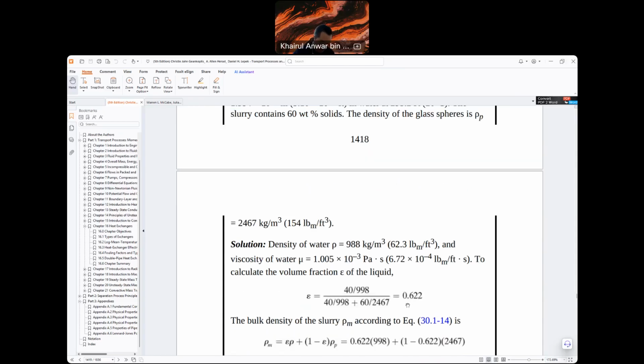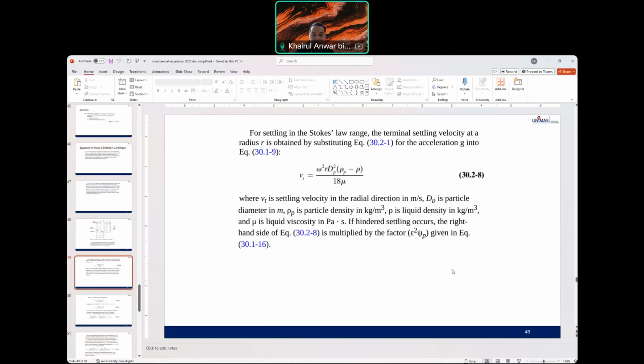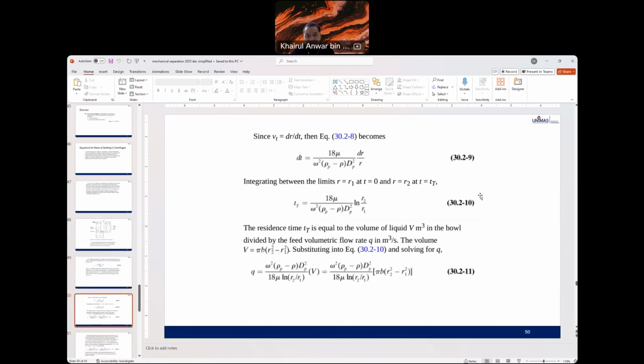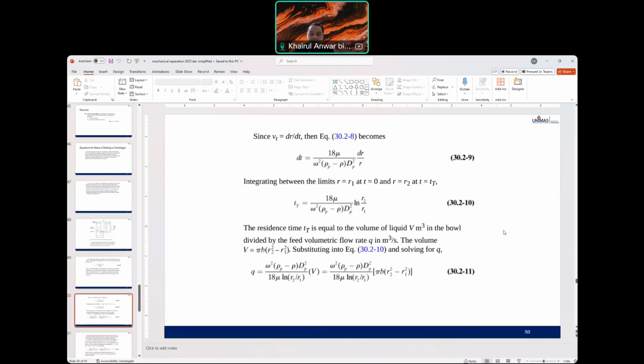And we get the epsilon. So if hindered settling occurs, then you need the factors.